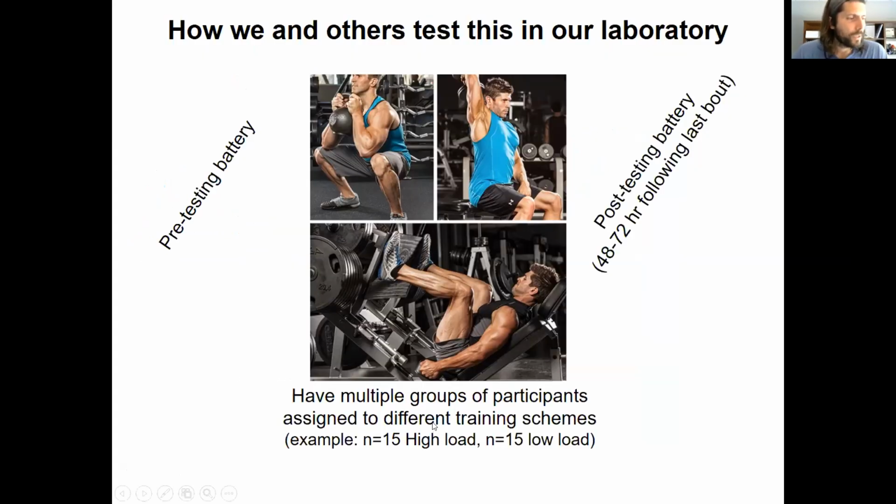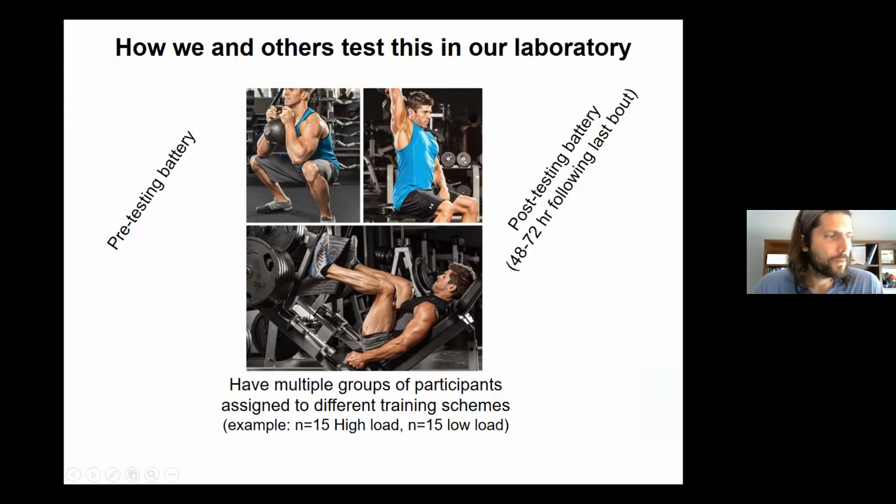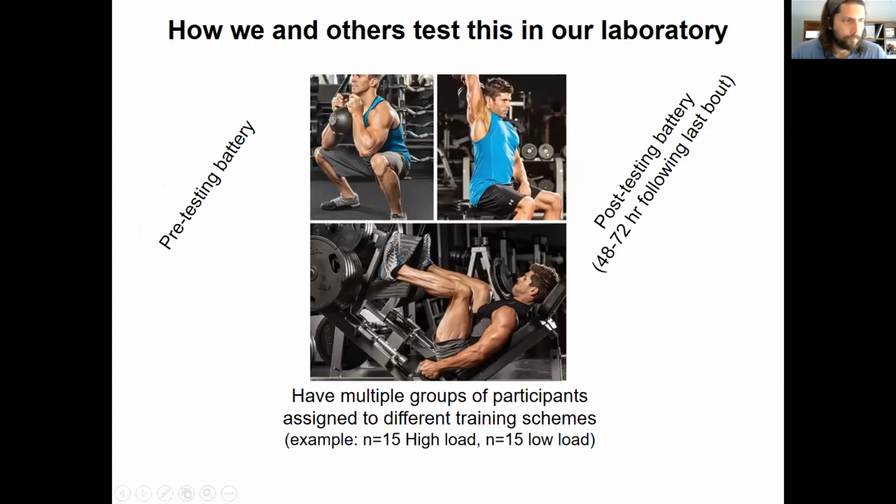And then if you want to test the high load versus low load paradigm, you would have 2 groups or 2 cohorts, one which trains with high load training and the other with high volume training. This can last 6 weeks, 8 weeks, 12 weeks. You typically don't see studies longer than 12 or 16 weeks because a lot of these studies are done on college campuses and they're limited to the academic calendar.